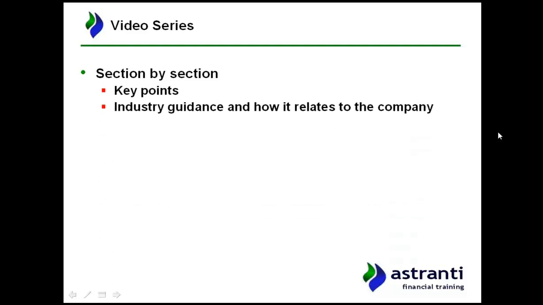So the key points, industry guidance and how that relates to the company, and also we apply the business models. This is done mostly in the strategic analysis, but there will be mention in each section when it's particularly relevant. We talk extensively about the likely exam issues based on applying all this theory as we go through.